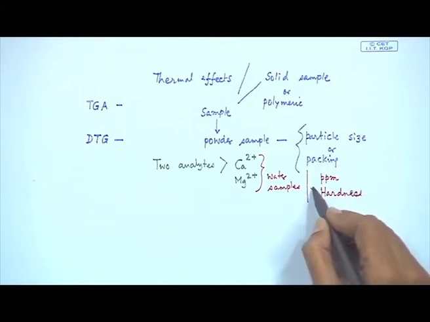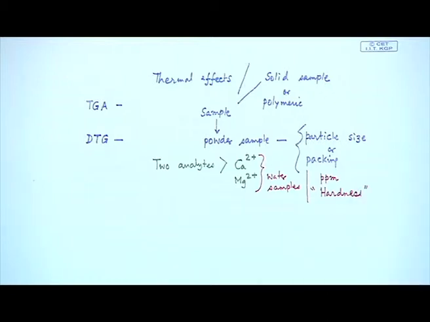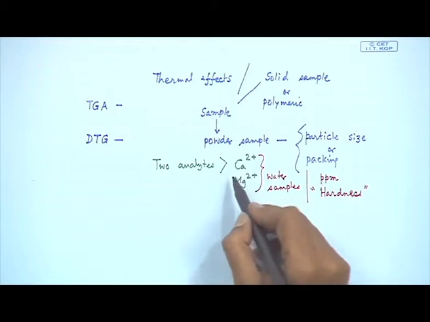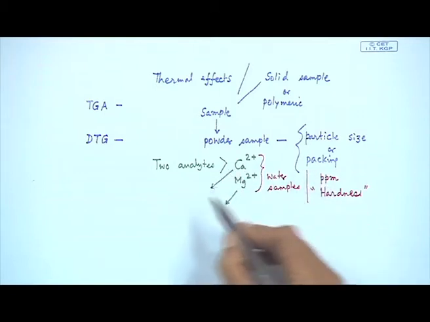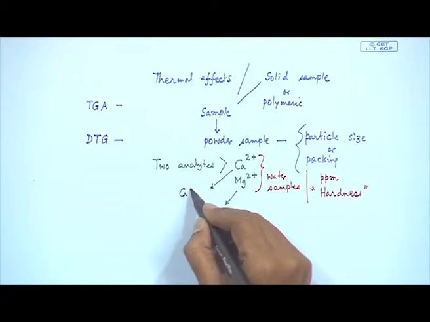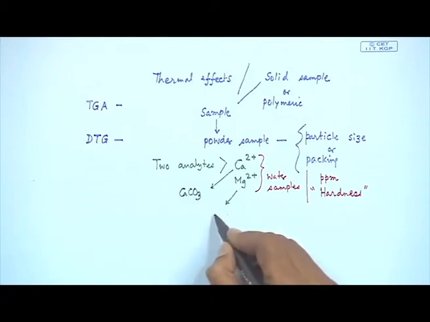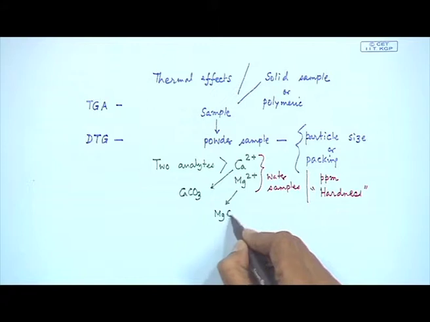So, if we want to measure the hardness of these samples, what can we do? We can measure the amount of calcium and magnesium 2 plus present in the sample as calcium carbonate as well as magnesium carbonate.